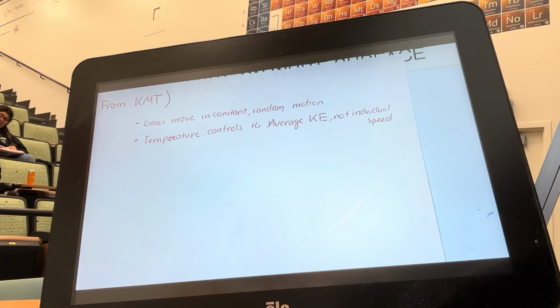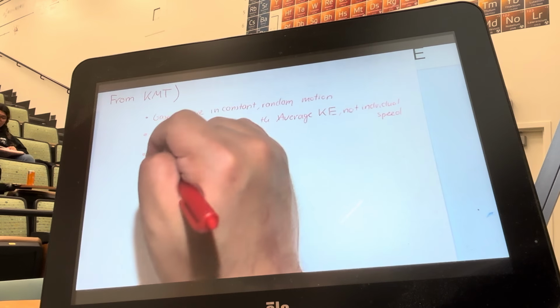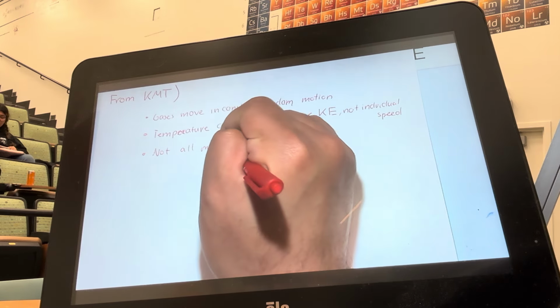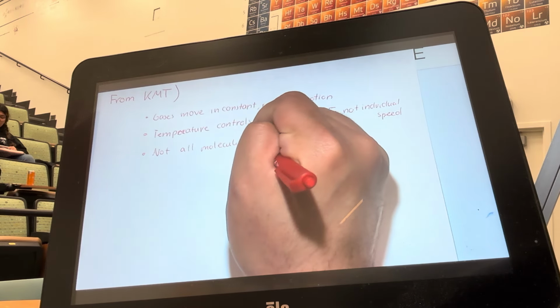So this is an important point. I think Dr. Farhat might have shown you about this. What that basically means is that not all individual gas molecules move at the same speed.